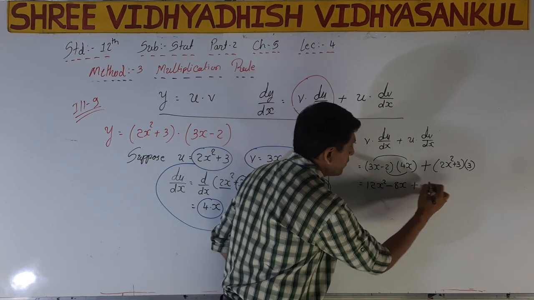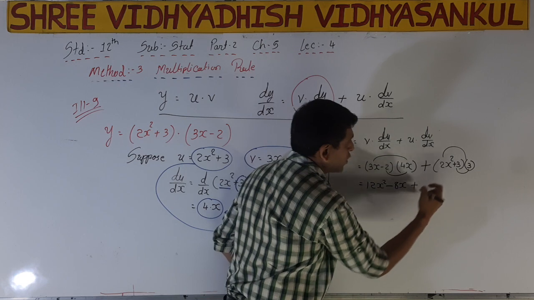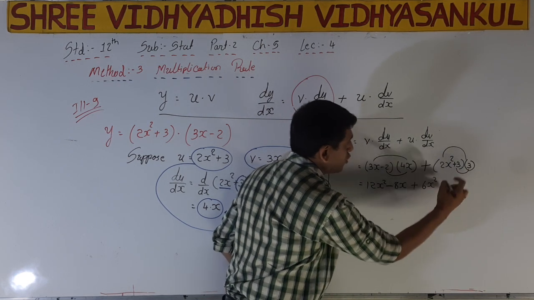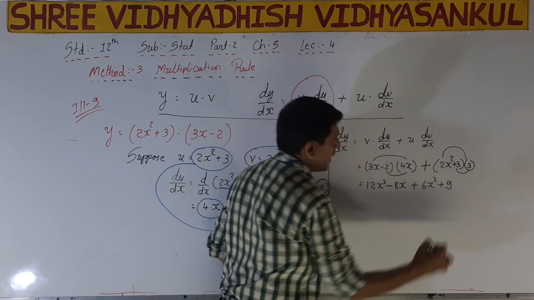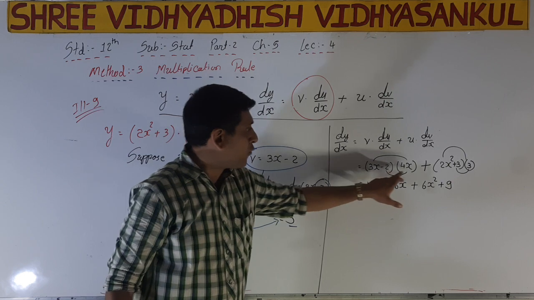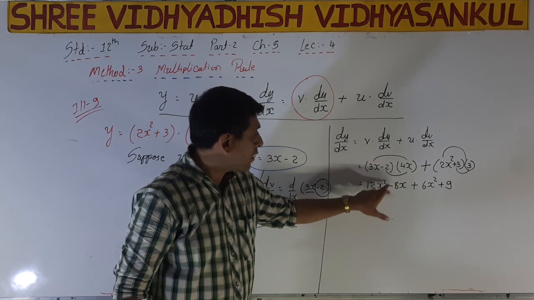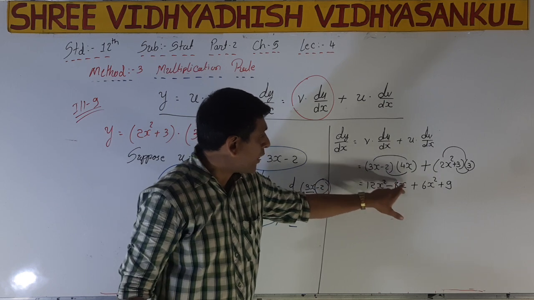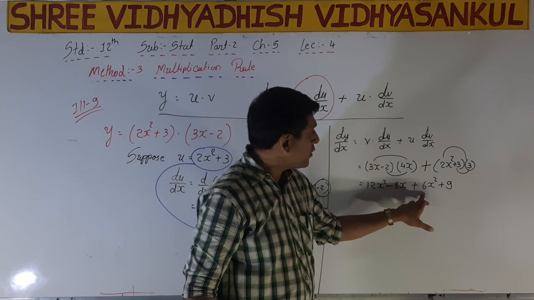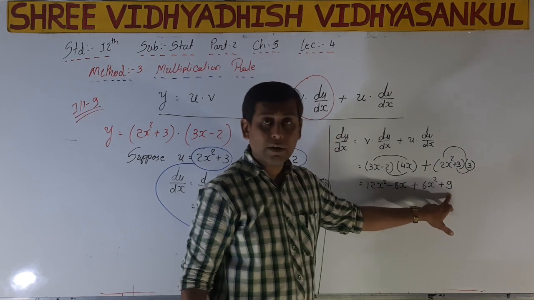Plus these into these: 2x square into 3 is 6x square, and 3 into 3 is 9.